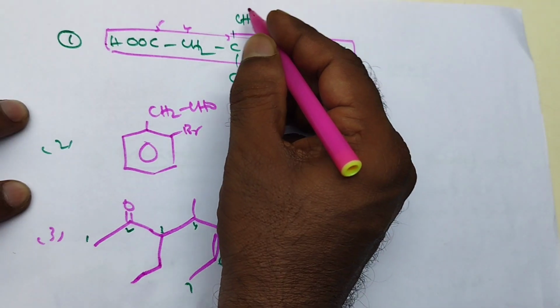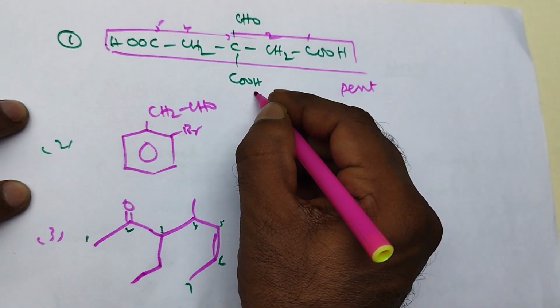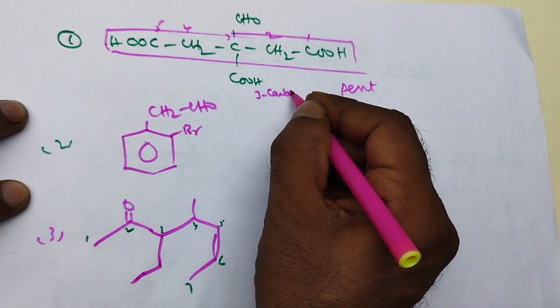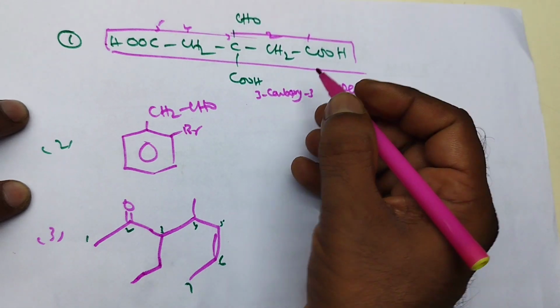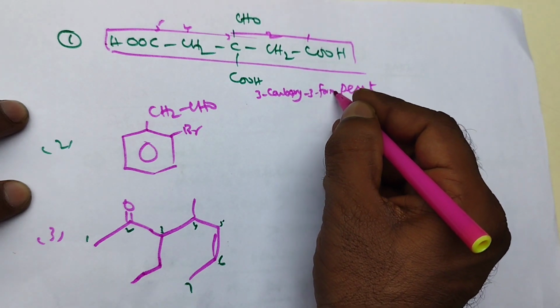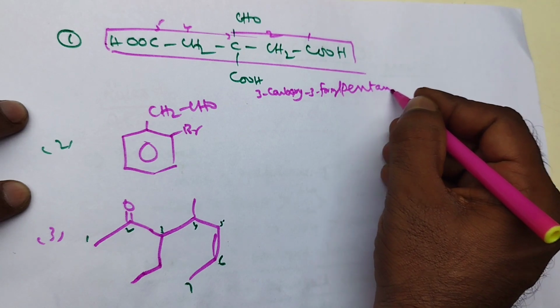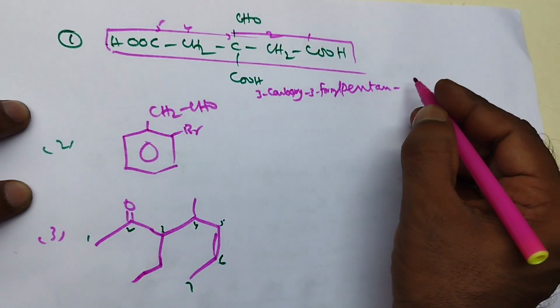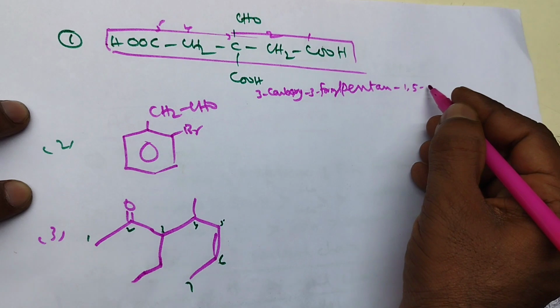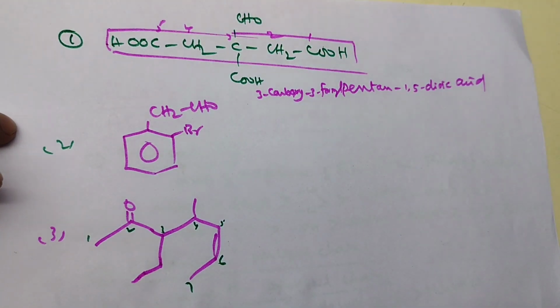At the third position we have the prefix carboxy, and the aldehyde group's prefix is formyl. Five carbons means pentane, and the carboxylic acids are at positions 1 and 5, two of them, so dioic acid. This is the correct IUPAC name for this polyfunctional compound.